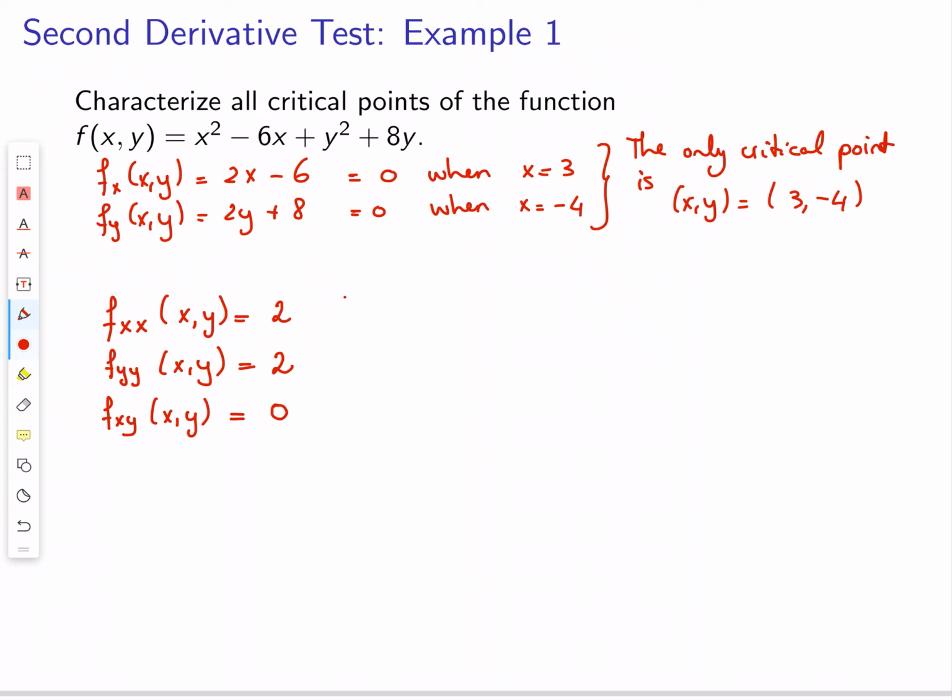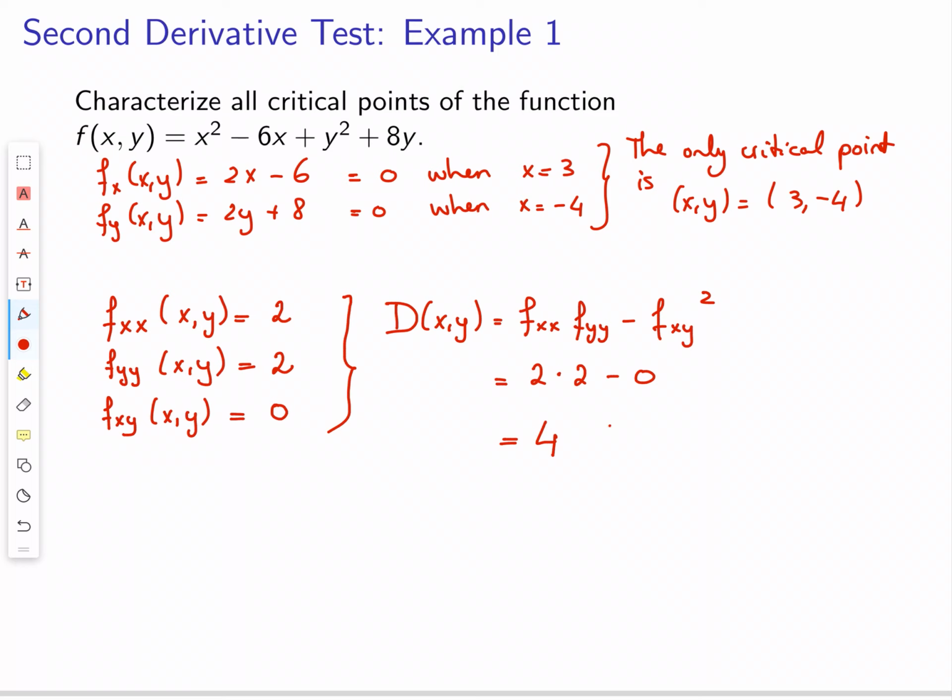All right, so now that we've got all of the second partial derivatives, we can construct the function D. And so the function D is f sub xx times f sub yy minus the mixed partial squared. And so in this particular case, it is just going to be 2 times 2 minus 0, which is equal to 4.